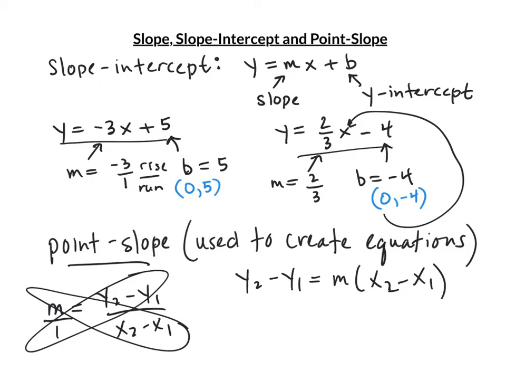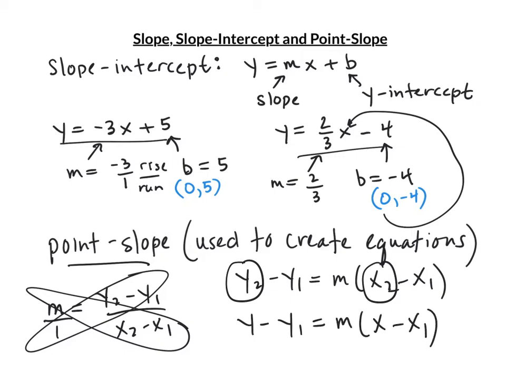And they chose y2 and x2 when they created the formula. And we're going to call those just normal variables, so they could be any point that works in the equation. y minus y1 equals m times x minus x1. And that is the formula known as point slope. And now I'm going to show you how to use it.